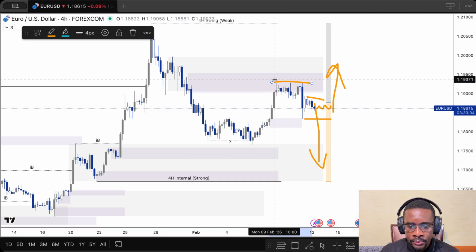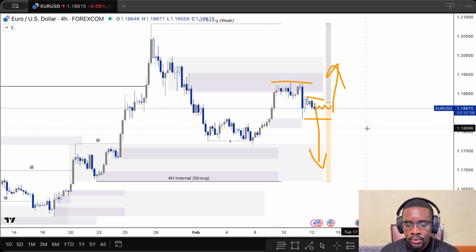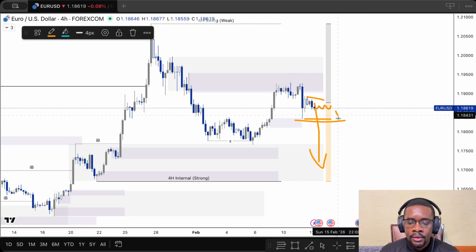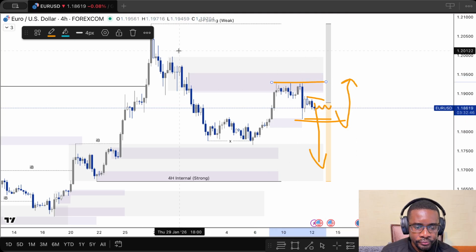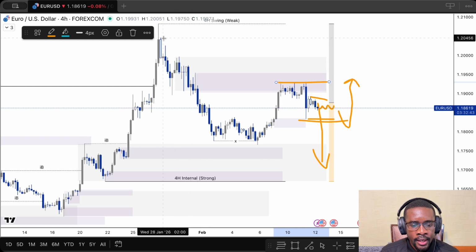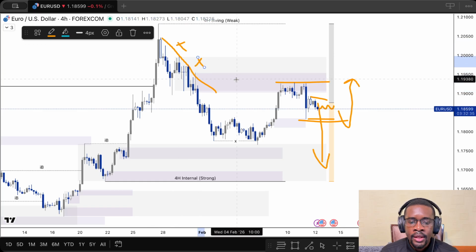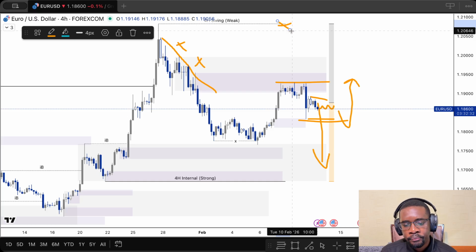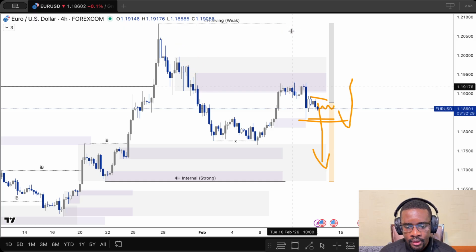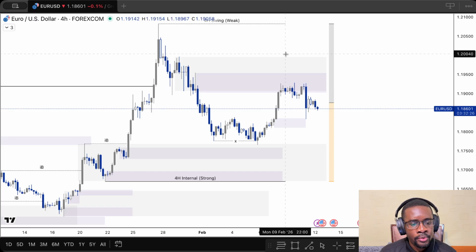Price could come up, liquidate that, and then go lower, or it could start by going lower, maybe liquidate this low, and then go for these triple highs. And remember, we have trend line liquidity on this side as well. Once price starts pushing up, it's likely that all these areas will fail, and then we have a weak swing high as well.